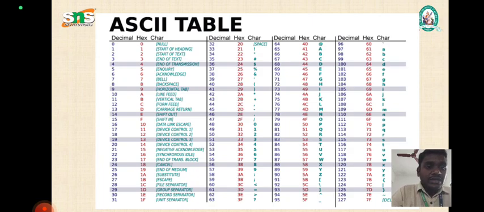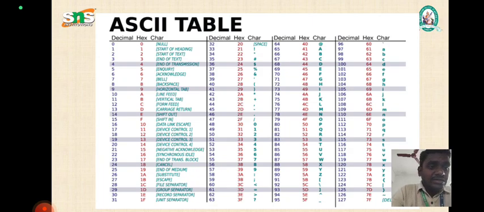From 48 to 57, the characters are the numerals 0 to 9. Then 65 to 90 in decimal are A to Z, the uppercase letters.